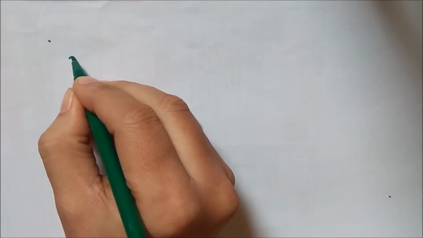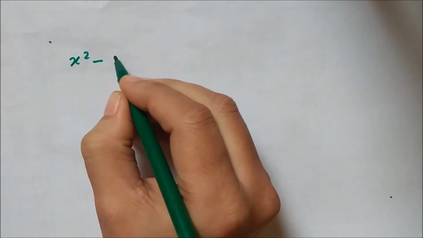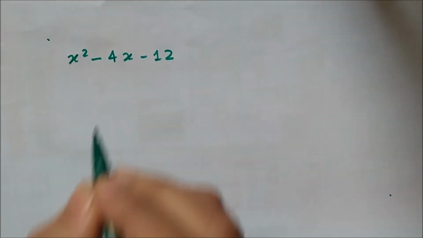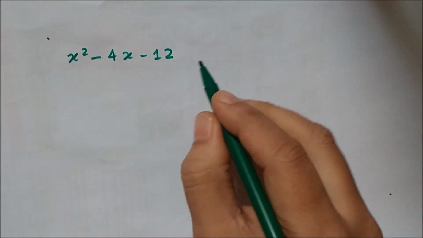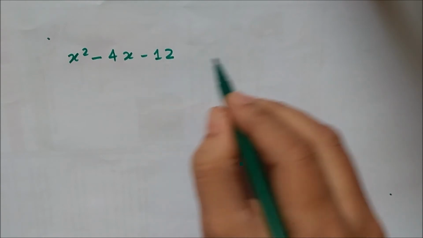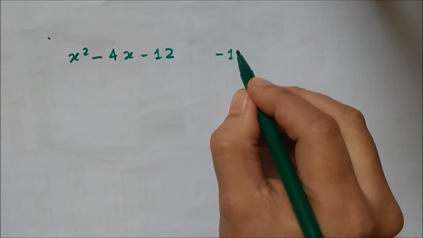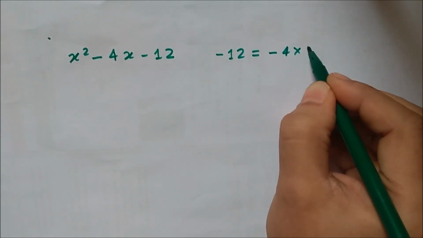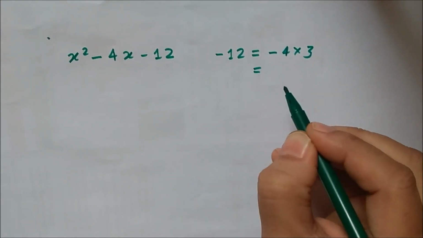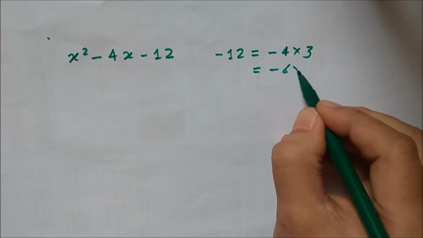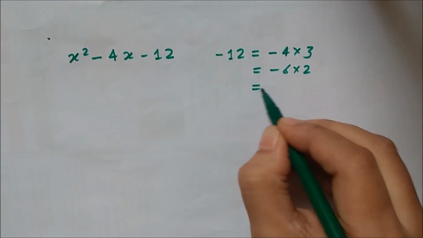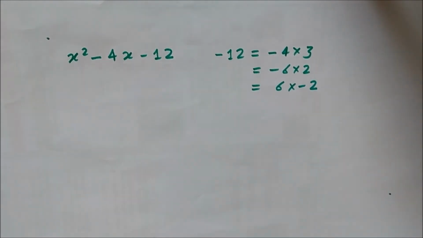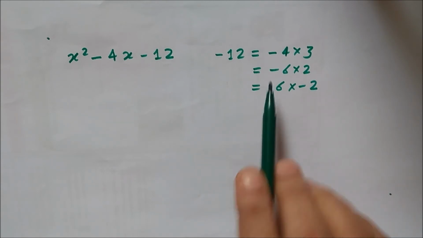In this case, x square minus 4x minus 12. Here if we look at the last term minus 12, this can be expressed as minus 4 into 3 or minus 6 into 2, also as 6 into minus 2. Now we look at the different factors of this.